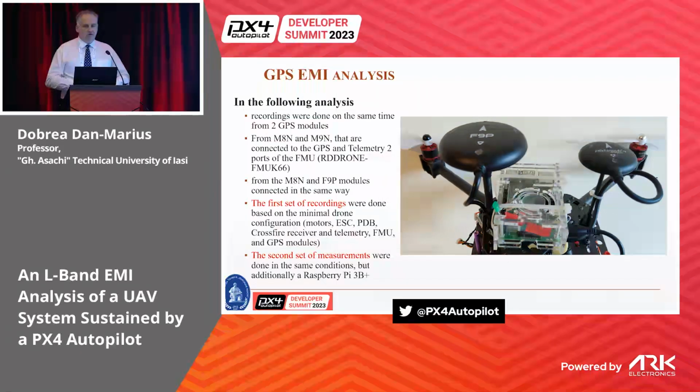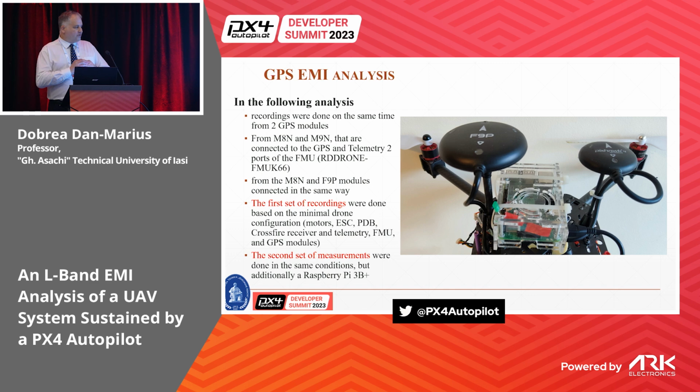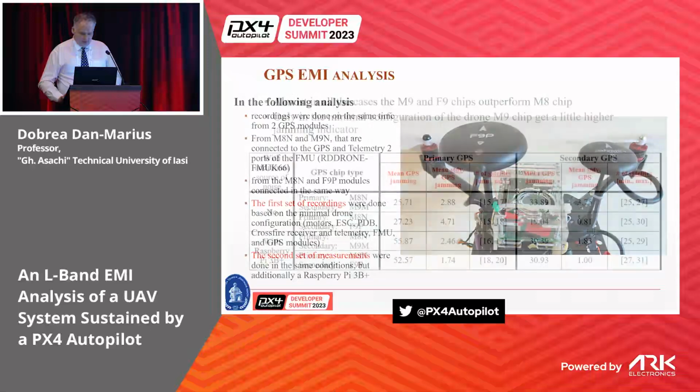In the first one, it was the main drone configuration without any kind of additional components, only the components required for the drone to fly. And in the second one, I put in a Raspberry Pi board, mainly because it is one of the noisiest boards from the study that was analyzed previously.